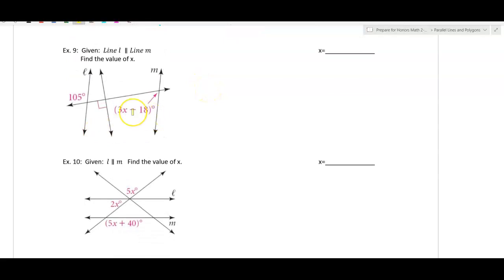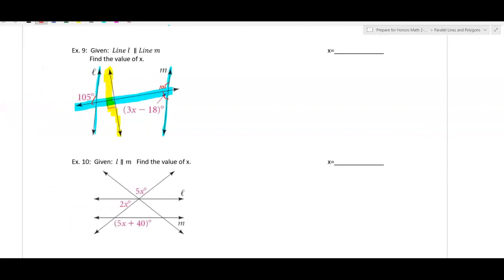So, in this example, I would ignore this line here and know and understand that you're going to use this parallel line and this parallel line. Then you're going to use this transversal. And again, when I look at these angles, there's no relationship between them. But what I could do is say if this is 105, I know this is 105 because they're corresponding angles, right?